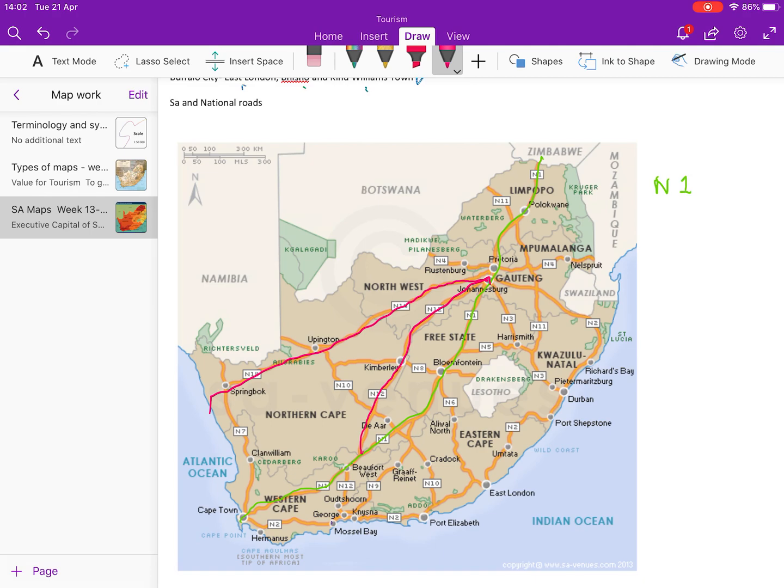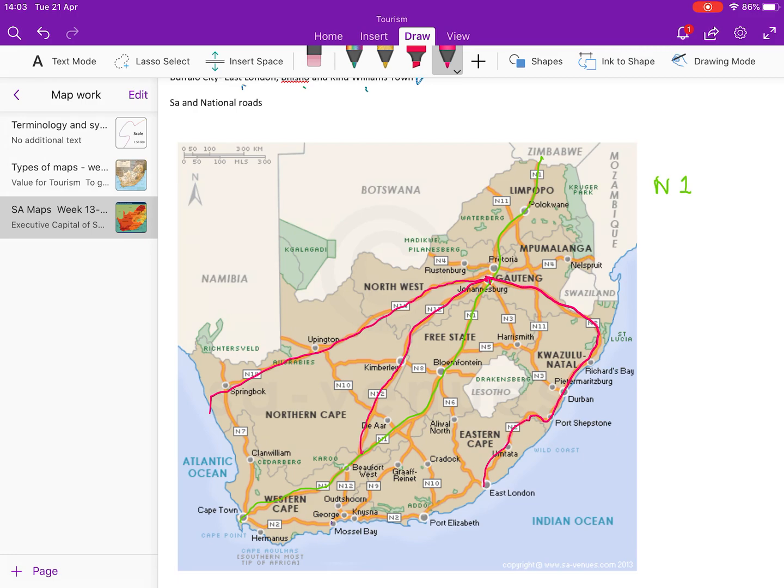It is important for us to know these national roads on a map and be able to identify them, because a question could be, let's say, name 3 towns that you will go through if you travel on the N2 from East London all the way back to Joburg. So I go through Port Shepstone, through Durban, Richards Bay, and then I go all the way back to Gauteng.